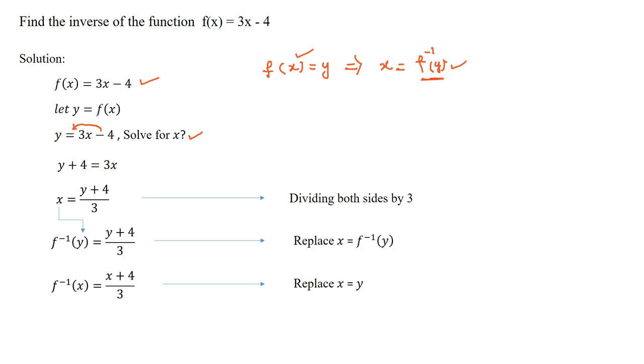Now finally we have to replace y with x. In place of y, write x. So this is our f inverse of x. It is a very easy and simple question.